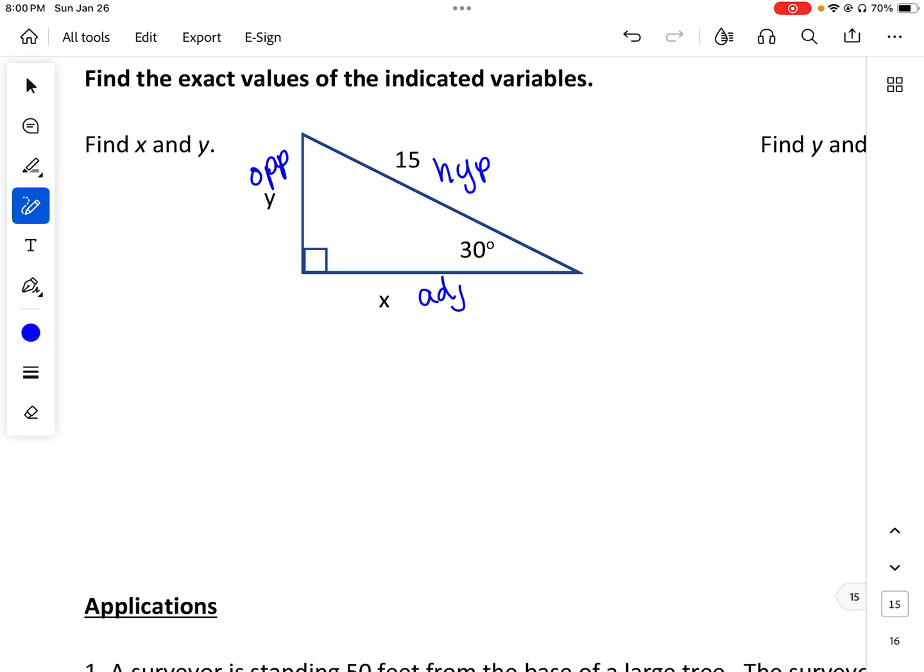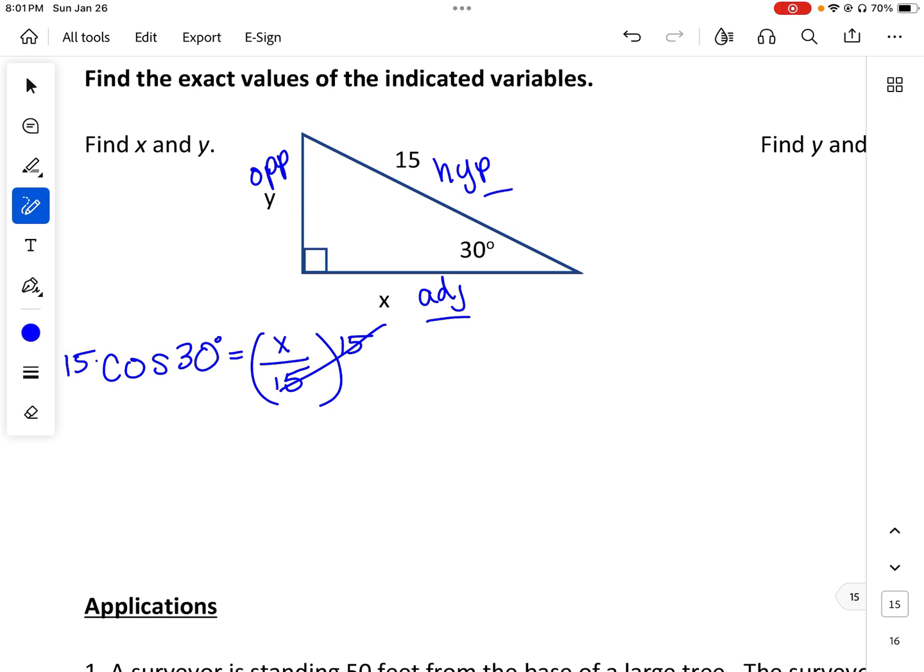If I want to find x first, x is adjacent and we have the hypotenuse, so that would be cosine. Cosine of 30 equals x over 15. In order to solve this, we multiply by 15 on both sides. Our angle is 30.